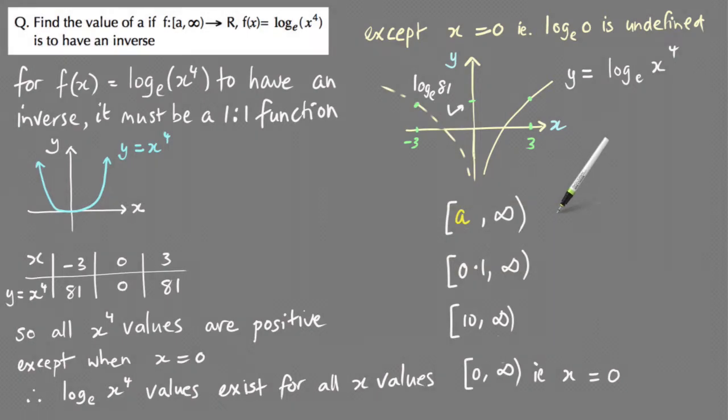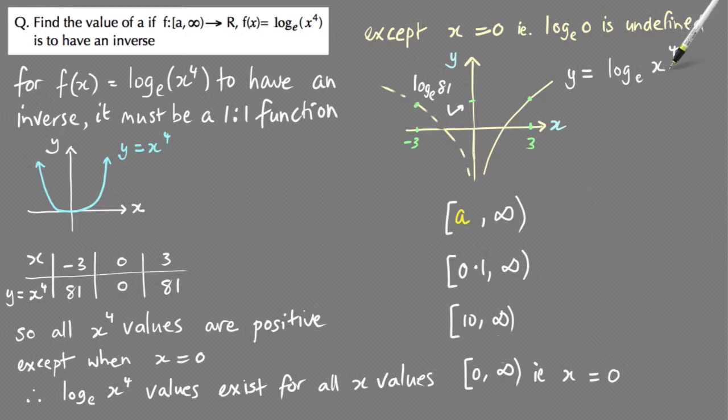Now looking at the interval from a inclusive to infinity, a could be the number 0.1, and the graph would go from 0.1 inclusive to infinity. A could be the value 10, and in fact a could be any positive number, but it couldn't be the number 0, because the square bracket here means it would be included, but on this graph, x approaches the asymptote and never actually equals 0.